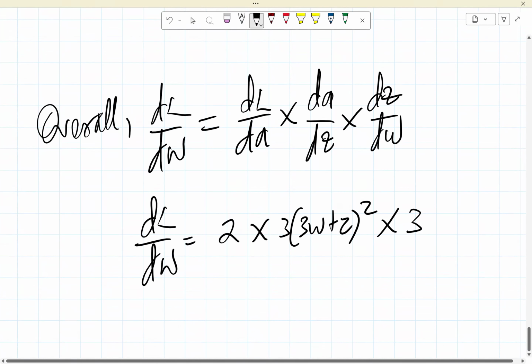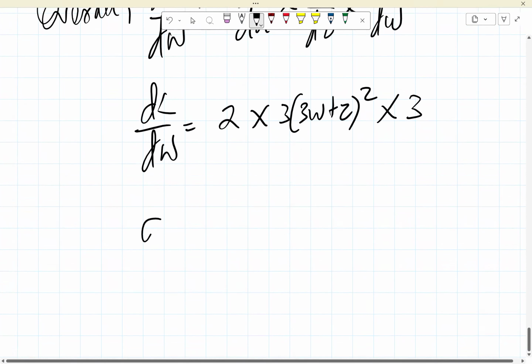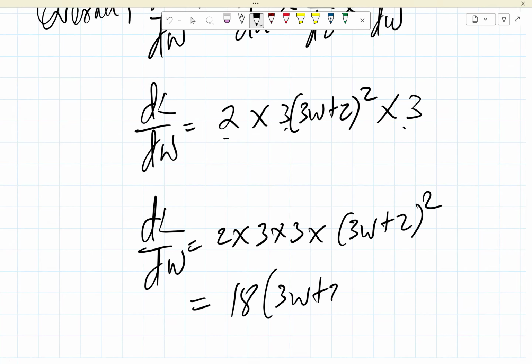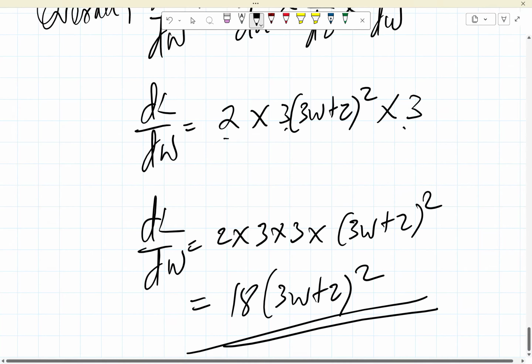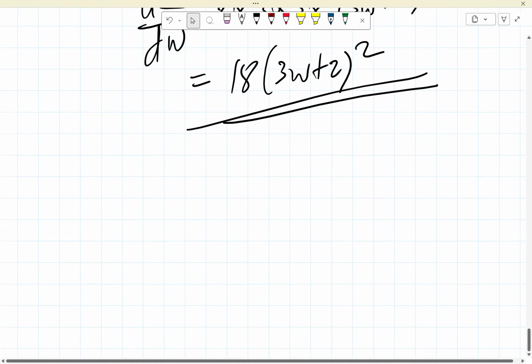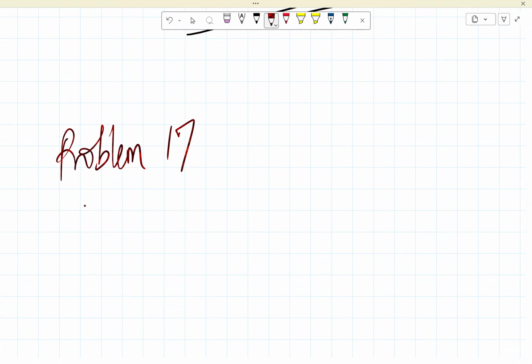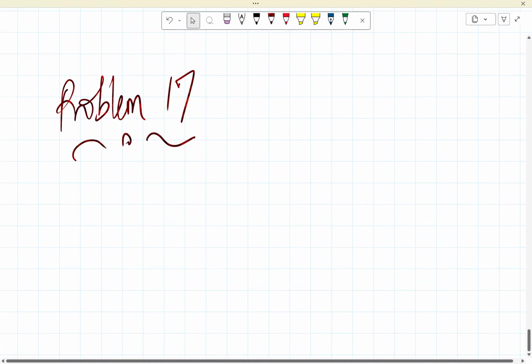So in all, we have dL/dW equals 2 times 3 times 3, multiplied by (3W plus 2) all squared. So that's simply 18 into (3W plus 2) squared, and that's dL/dW right there. Now, on the other hand, we have something really similar to that, problem 17. So for problem 17, we have this.